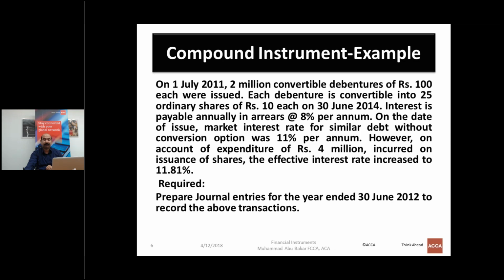On the date of issue, market interest rate for similar debt without conversion option was 11% per annum. However, on account of expenditure of rupees 4 million incurred on issuance of shares, the effective interest rate increased to 11.8%. Okay. Prepare journal entries for the year ending.